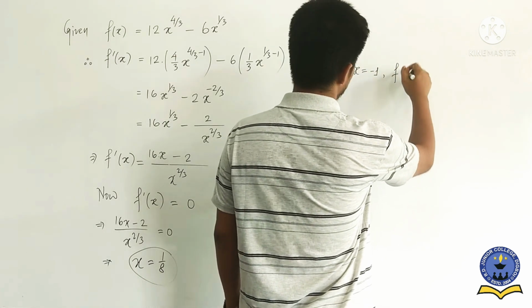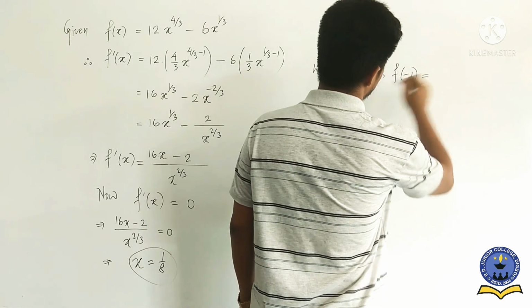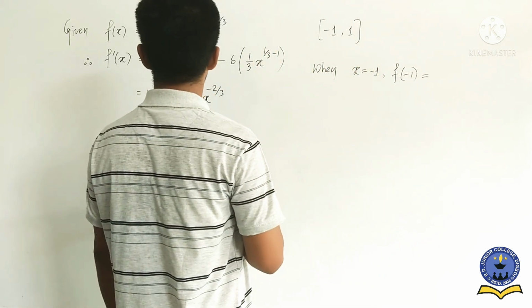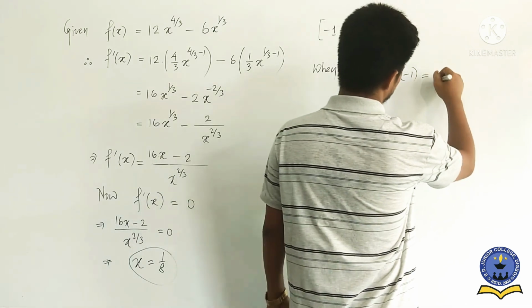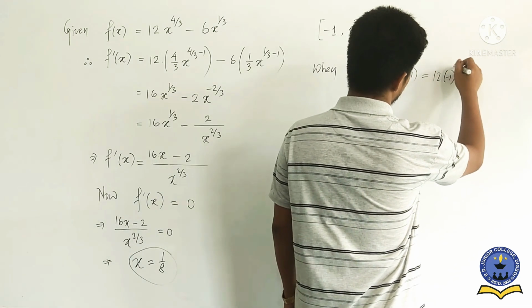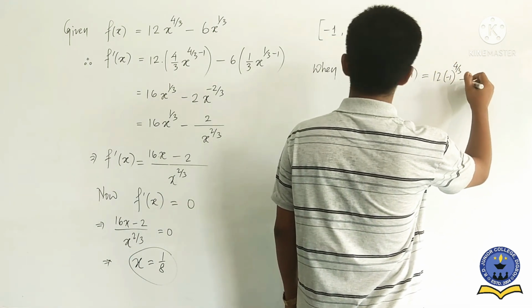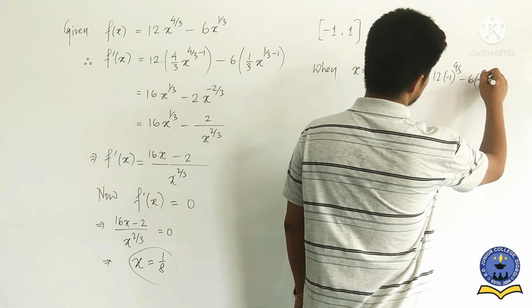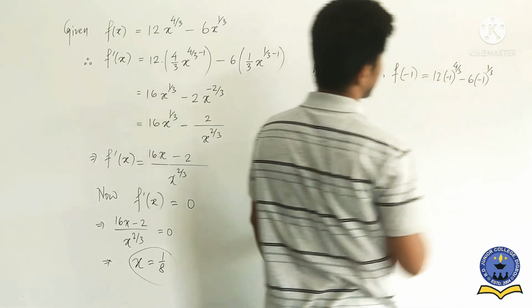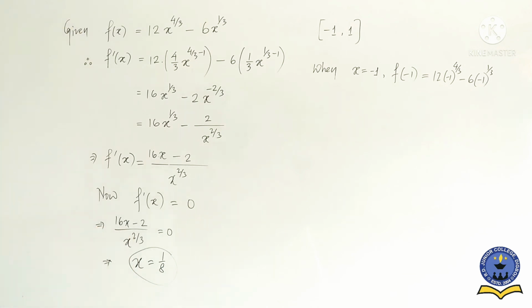f of what you have to write? f of minus 1 we have to write, and f of minus 1 equals what? 12 into minus 1 to the power 4 by 3 minus 6 into minus 1 to the power 1 by 3. If you put this, then this result we get: f of minus 1 equals 12 into minus 1 to the power 4 by 3 minus 6 into minus 1 to the power 1 by 3.